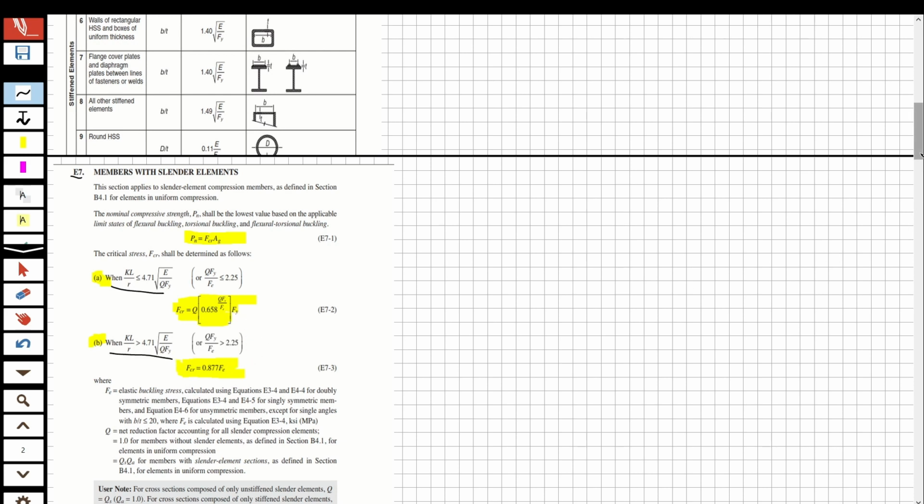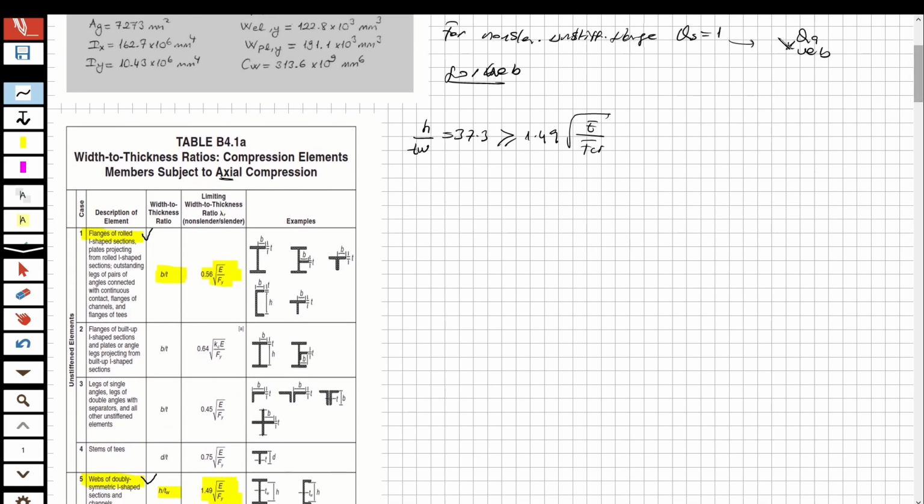So let's do it. Radius of gyration, slenderness ratio, for the x and y directions. K is 1 multiplied by L. What is L? 4,500, right? This is over the radius of gyration at x, 149.5. This is going to be 30.1.